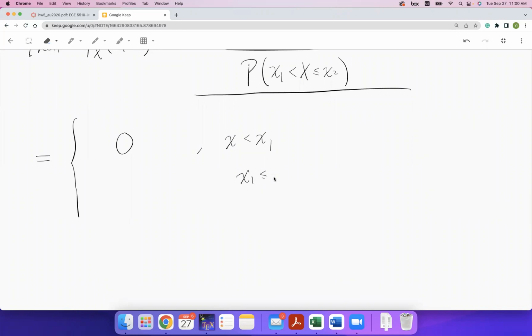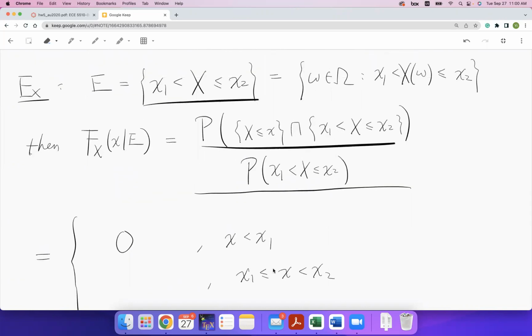And in the other case, x is between x1 and x2. In that case, we can see that the intersection of these two sets is actually between x1 and x, because this threshold x is between these two numbers.